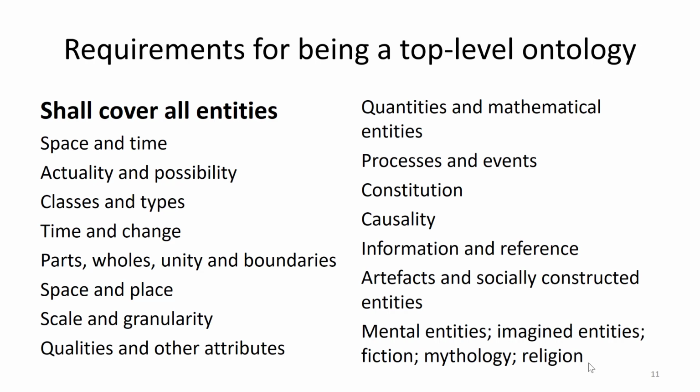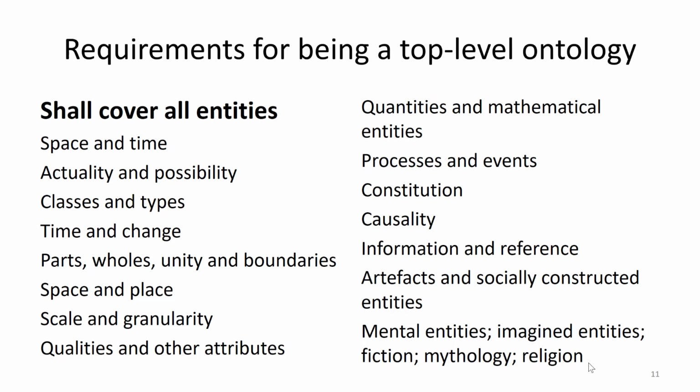We created this list, and we said every top-level ontology has to be such that it can address, in whatever terminology you like, that may mean tag, or it may mean annotate, or it may mean axiomatize, representations of data about all of these different kinds of entities and distinctions. So it has to have a way of representing spatial and temporal relations.